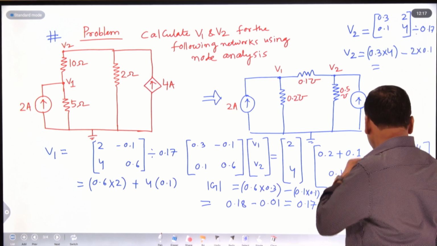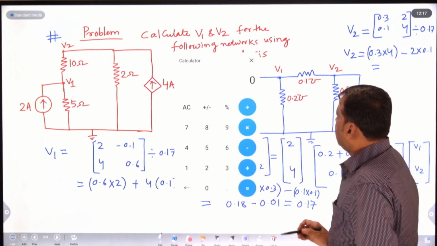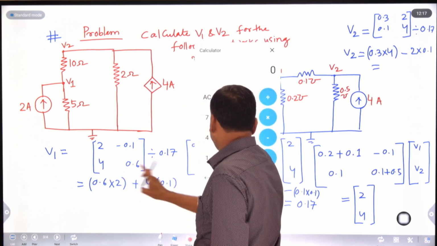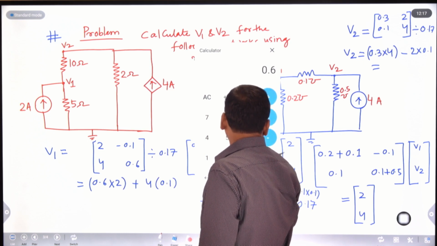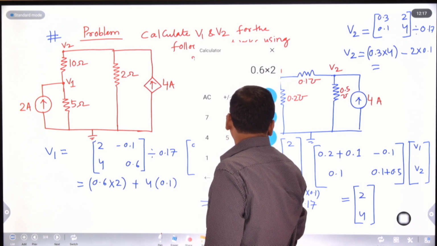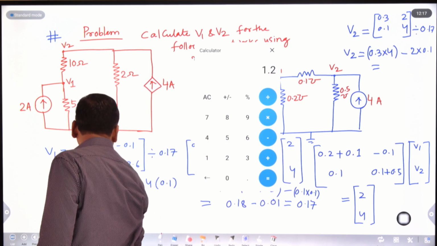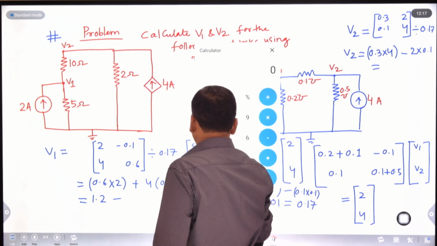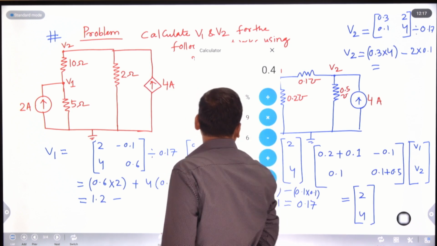The value is how much? Here in V1, 0.6 into 2, that is your 1.2, here 1.2 minus 0.1 into 4, that is your 0.4.